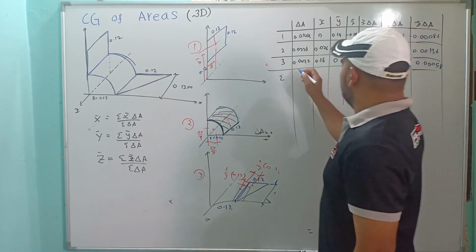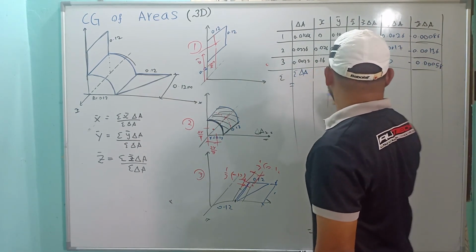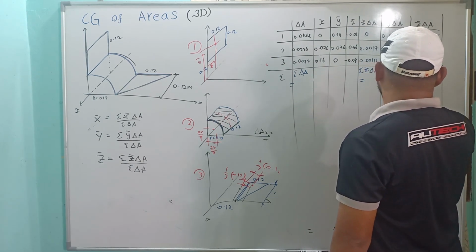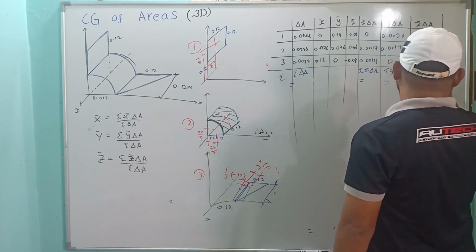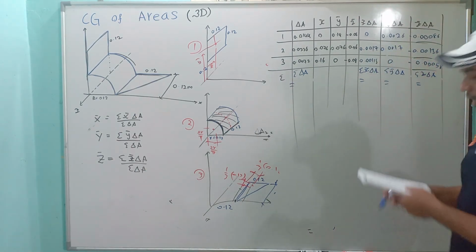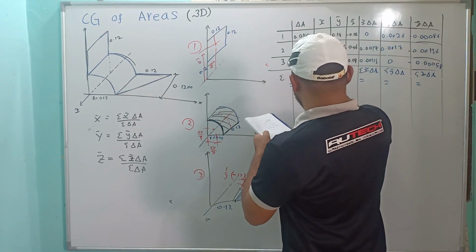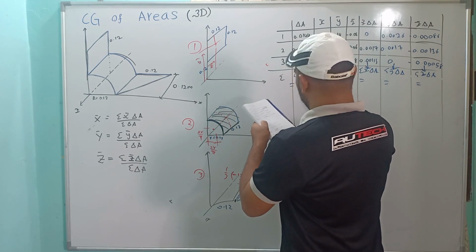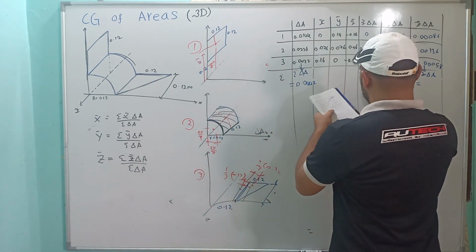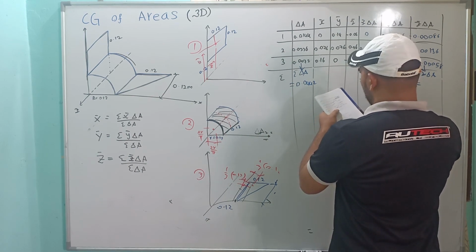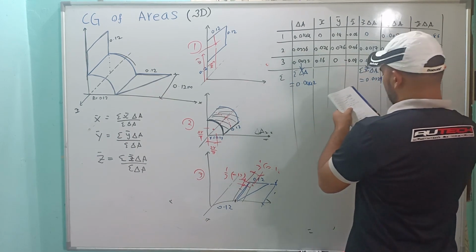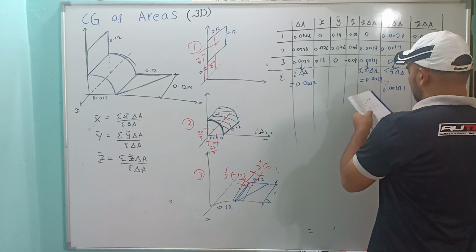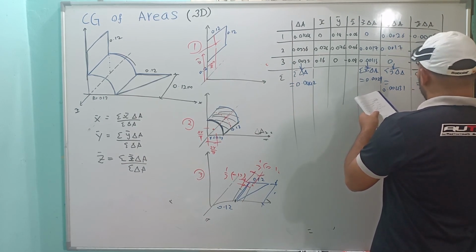And then what you want is sigma delta A, sigma X bar delta A, sigma Y bar delta A, sigma Z bar delta A. So add together from here, there, and you can have 0.0442, 0.0029, 0.00431, minus 0.0028.